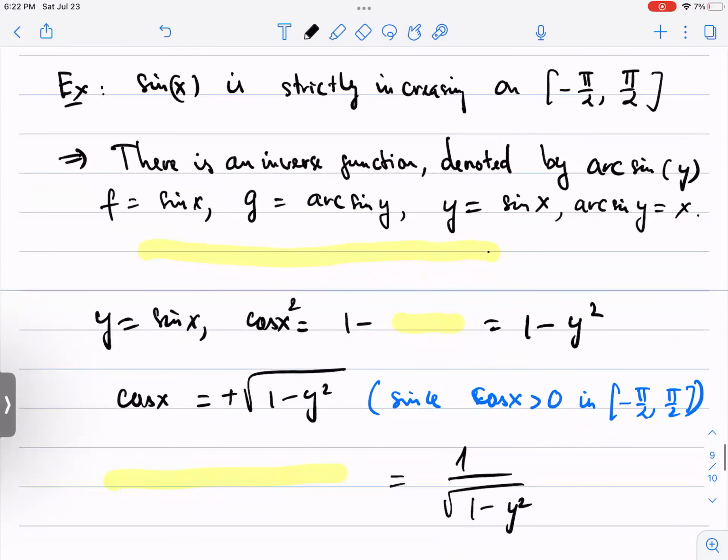And we can apply this theorem to compute the derivative of the function which is the inverse of the sine function. So the sine function is strictly increasing on the interval from minus pi over 2 to pi over 2. That's why there is an inverse function denoted by arcsine of y.